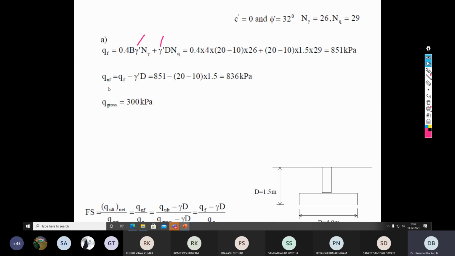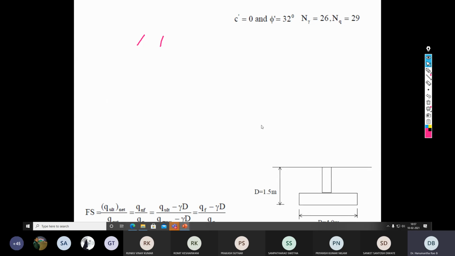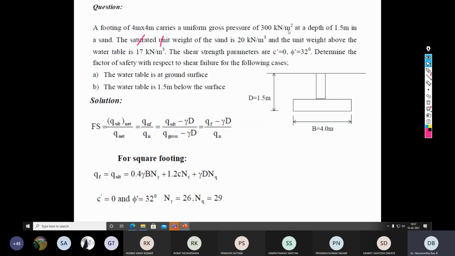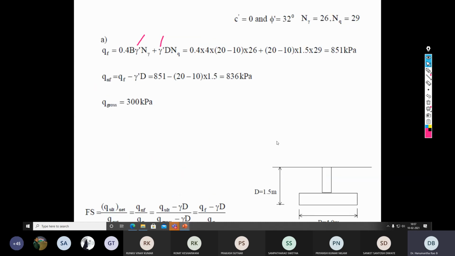Then Q net ultimate is nothing but Q ultimate minus gamma dash D, so this is 836. On the other hand, Q gross has been given in the sum directly, that is 300 kilopascals. So Q gross is 300 kilopascal and Q ultimate net has been calculated as 836.